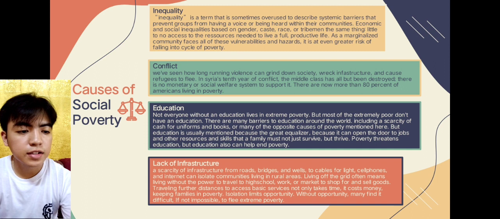Traveling farther distances to access basic services not only takes time, it costs money, keeping families in poverty. Isolation limits opportunity. Without opportunity, many find it difficult, if not impossible, to flee extreme poverty.